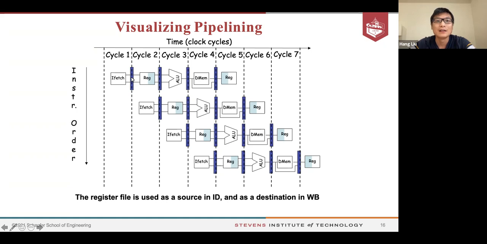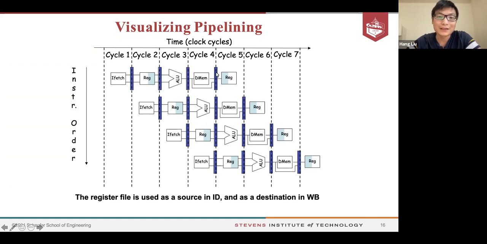So that means at a specific cycle, for example at cycle 4, the first instruction is doing memory access. Cycle 1 will launch this instruction, cycle 2 will launch this instruction, cycle 3 will launch this instruction, and cycle 4 we execute this instruction.